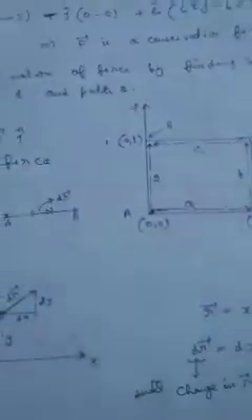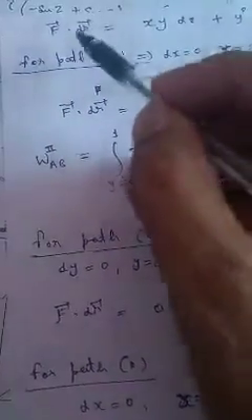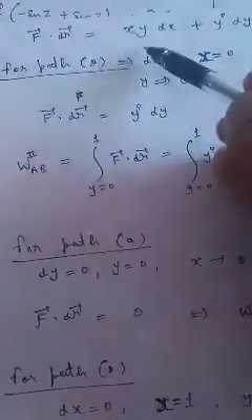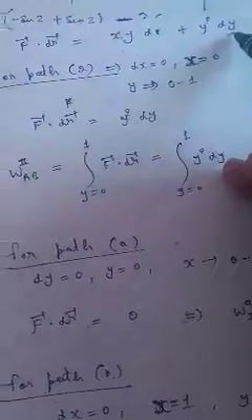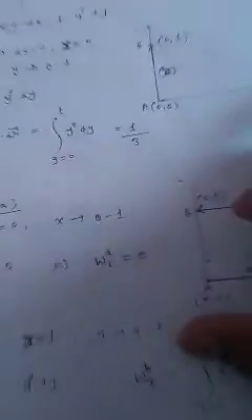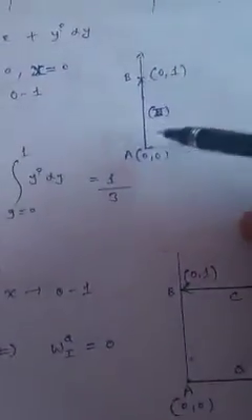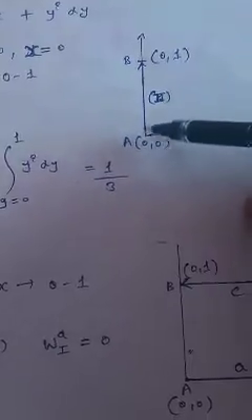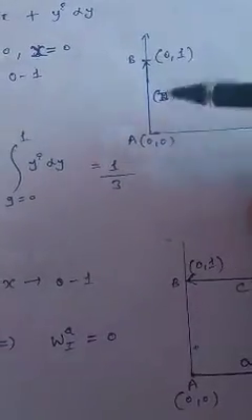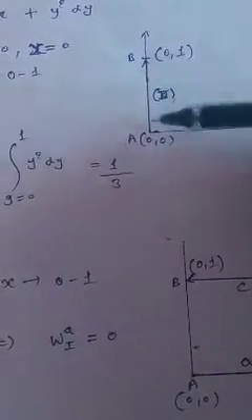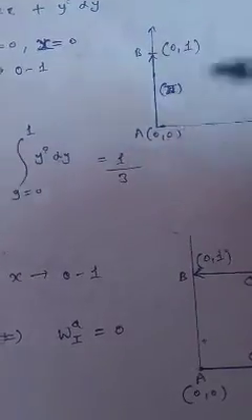Okay. Now to do this problem, we'll first calculate F dot dr, which is xy dx plus y square dy. Now I will calculate the work done for path number 2. Here, which coordinate is changing? We are moving along y, so the y coordinate is changing from 0 to 1.